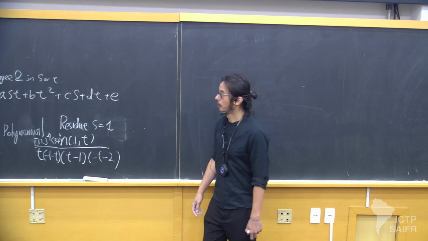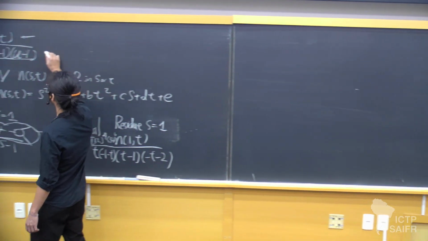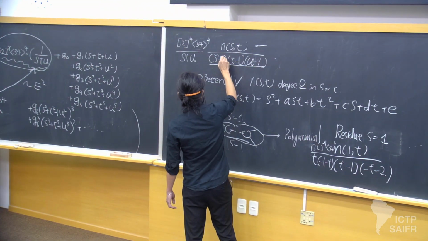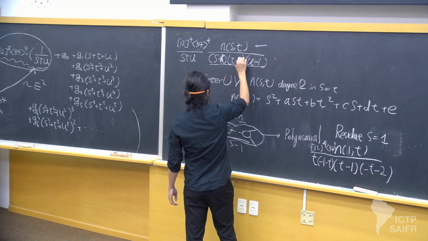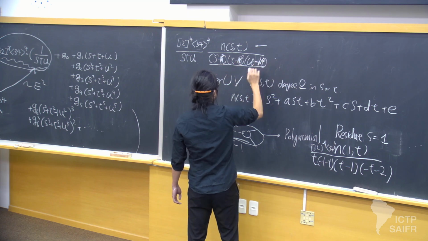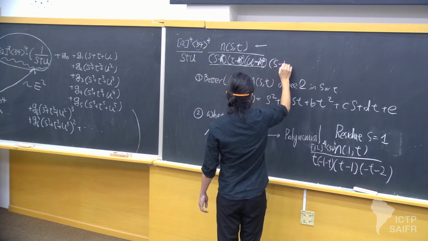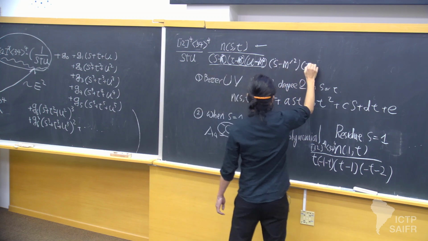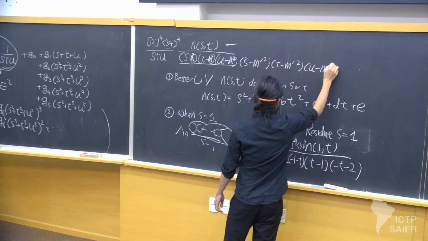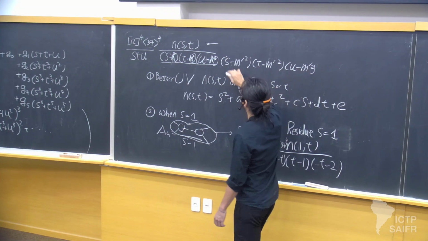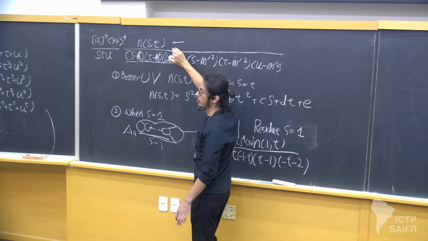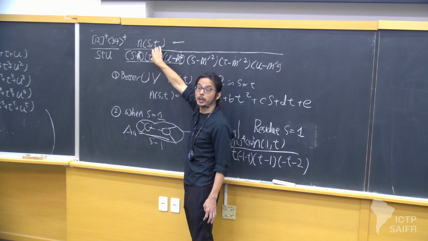What about, how about I just add another state? So let's say originally this was M squared, and now I have another state, S minus M prime squared, T minus M prime squared. Because I have another state, my denominator becomes bigger, and that allows me to boost the degree of the T numerator higher.